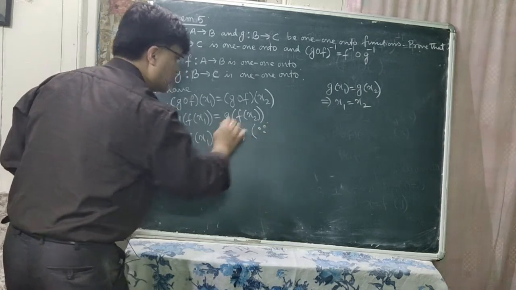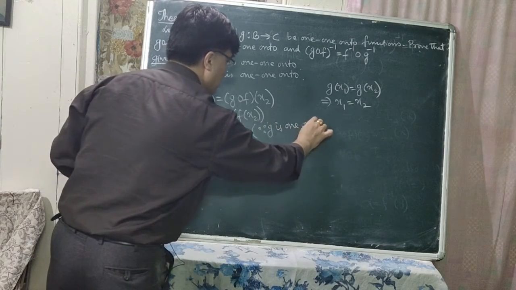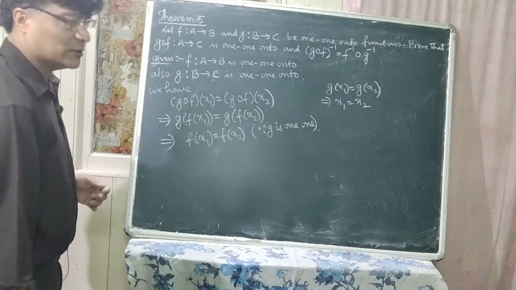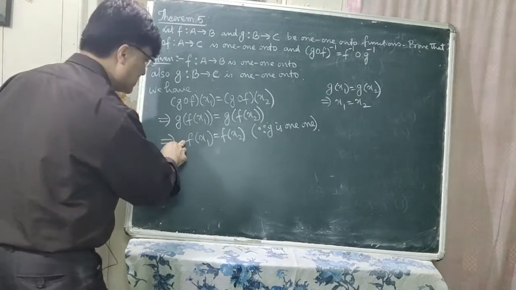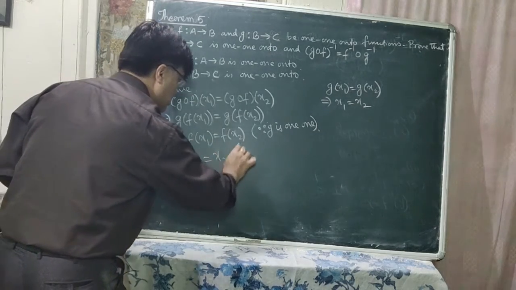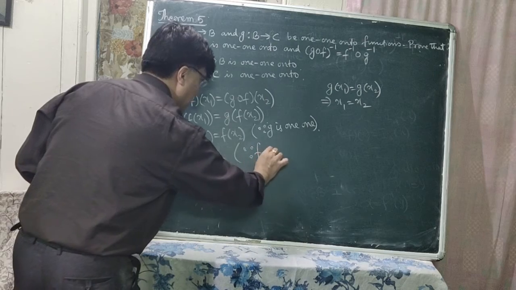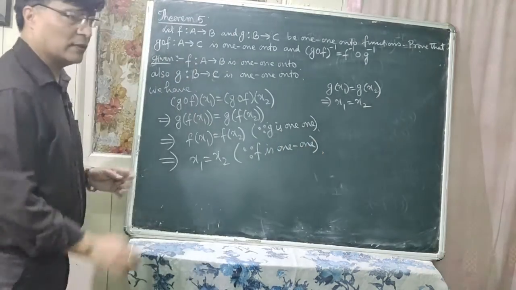What is the reason behind it? Since g is 1-1 function. Okay? So which implies that again, since f is 1-1 function, you can write x1 is equal to x2.